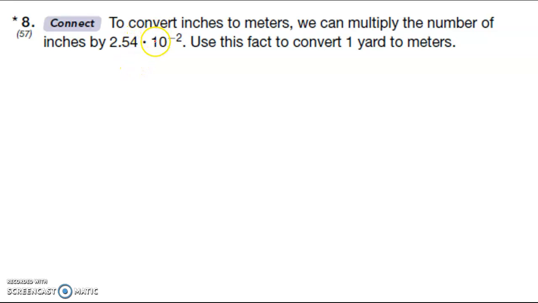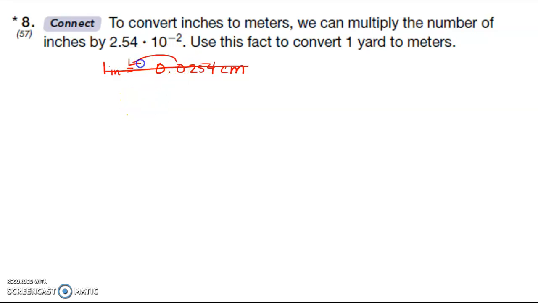All right, to convert inches to centimeters, we can multiply the number of inches. So I have 1 inch is equal to 0.0254 centimeters. What? That's garbage. Oh, I see.